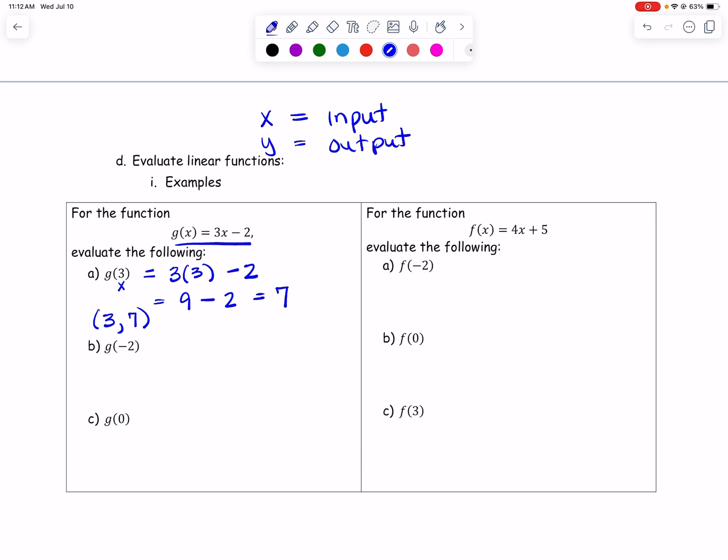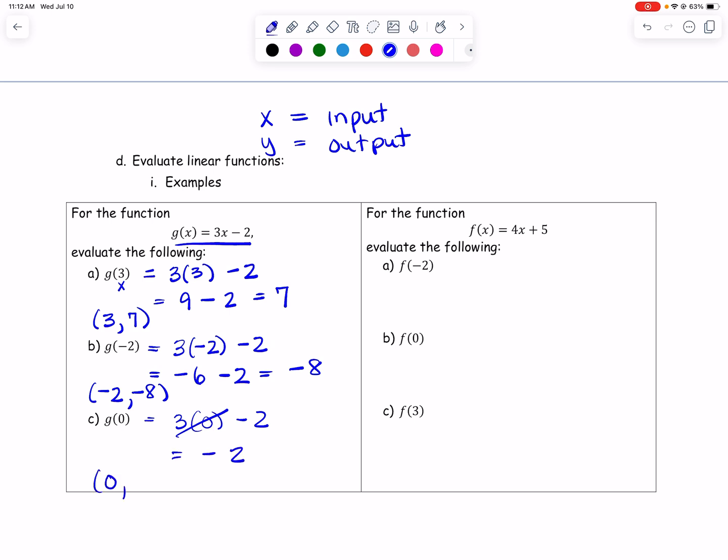Okay? So g of negative 2 is 3 times negative 2 minus 2, which is negative 6 minus 2, which is negative 8. So the ordered pair would be negative 2 for x and negative 8 for y. And then the last one, g of 0, 3 times 0 minus 2 is just negative 2. So the ordered pair would be 0, negative 2.